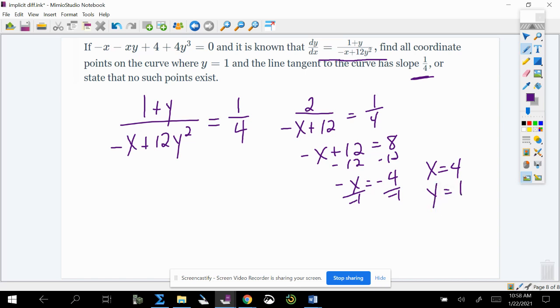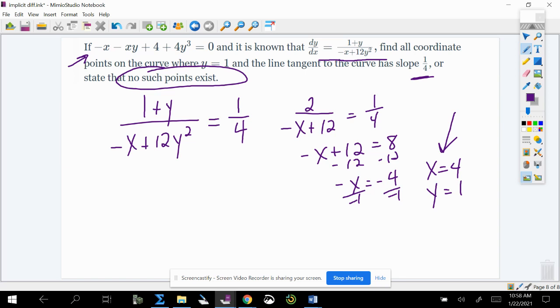Here's how you check to see if these points actually exist. You might be looking at it, what do you mean, do they even exist? You should be able to plug these coordinates, the 4 and the 1, back into your original equation, and it should make it true. If it doesn't, what it's basically saying is that the point you thought existed wasn't really a point on the graph.